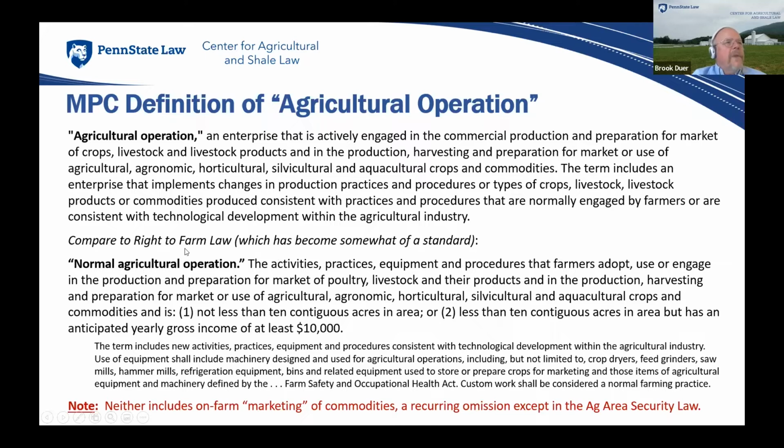But that normal ag operation definition has existed alongside this older, more traditional definition of ag operation. And there really hasn't been a whole lot of conflict, because the meat of them, besides the 10 acre or $10,000 anticipated yearly income thresholds, they're generally the same with regard to the language that appears in these definitions.